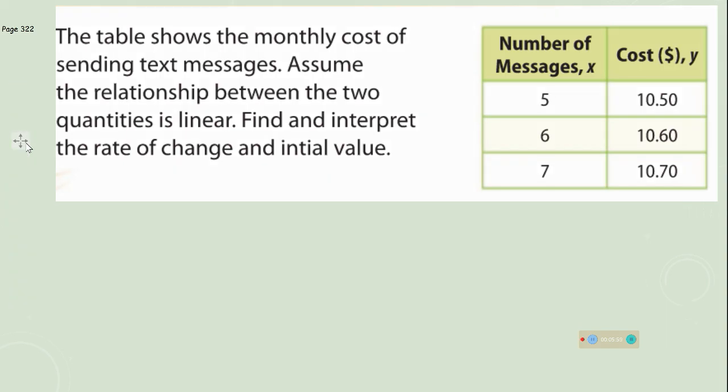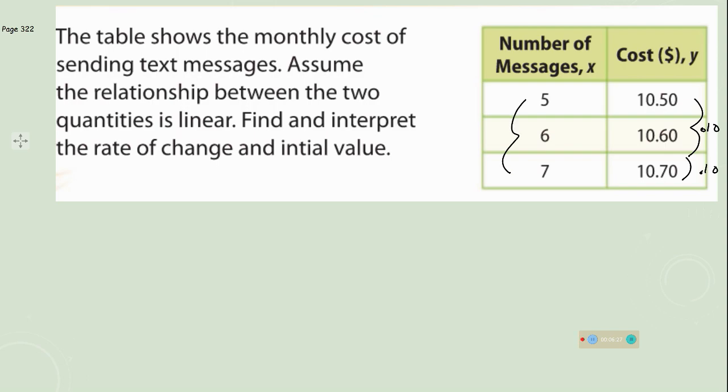Okay, next example. The table shows the monthly cost of sending text messages. Assume the relationship between the two quantities is linear. Find and interpret the rate of change and the initial value. So, we can find the change here. 10.50 to 10.60 is going up 10 cents. And this is going up 10 cents.